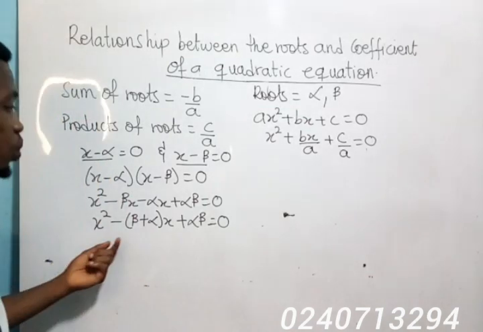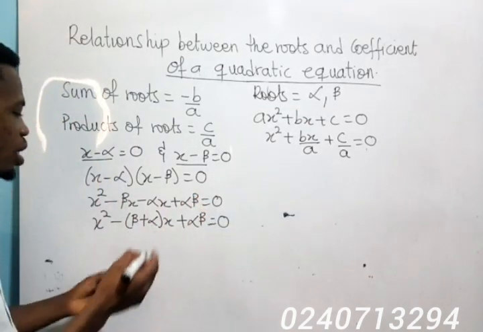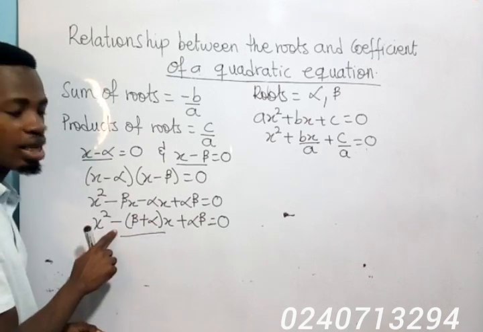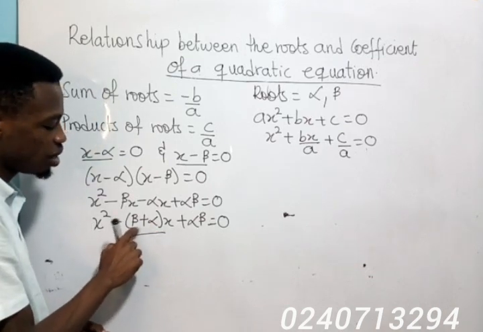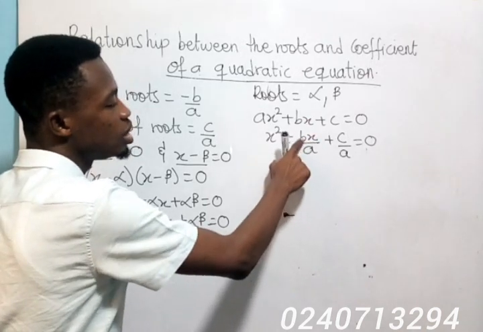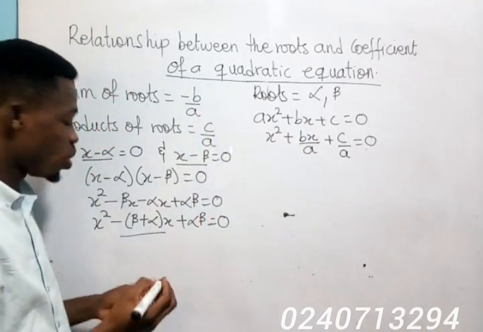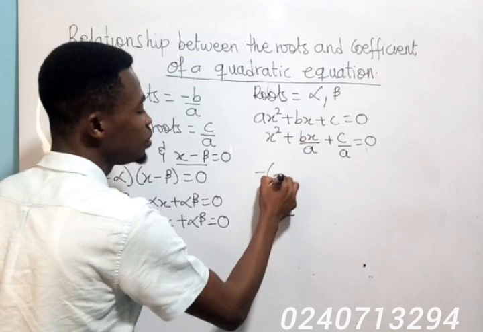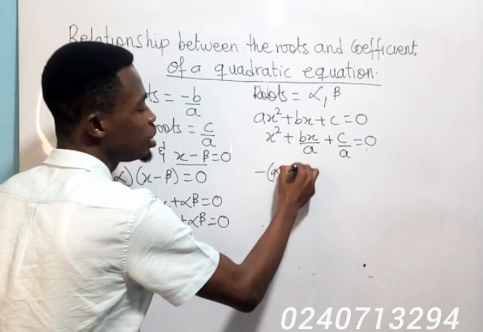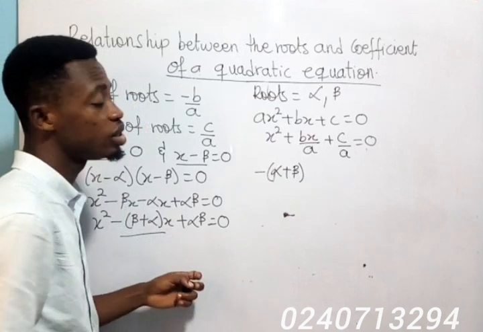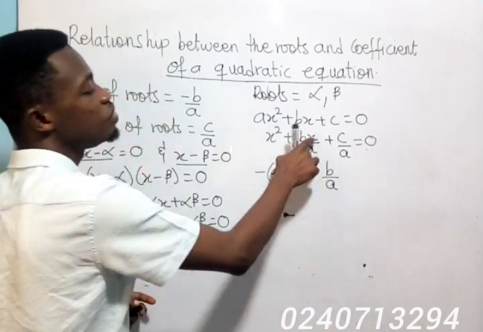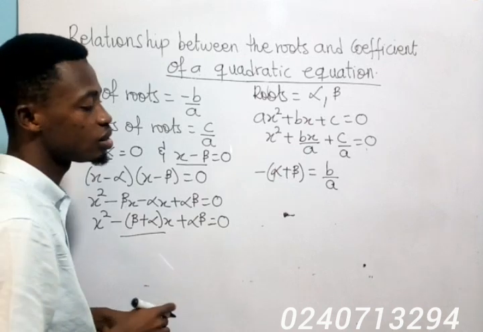Now, we'll compare. Here, when you look at the coefficient of x over here, it is the negation of, into bracket, beta plus alpha. And here, the coefficient of x is b over a. So when we compare, we'll get to see that our negative, into bracket, beta plus alpha, or alpha plus beta, because addition is commutative, is equal to b on a, which is the coefficient of the x in the general equation.